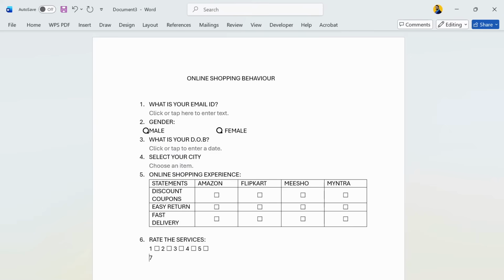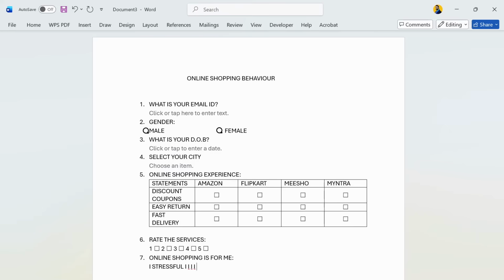Now we can go for the seventh one as well. In the seventh, we can ask them online shopping is for me. For this, we can use caps lock I, where I will first mention stressful and then space, then I, and space, space, space.